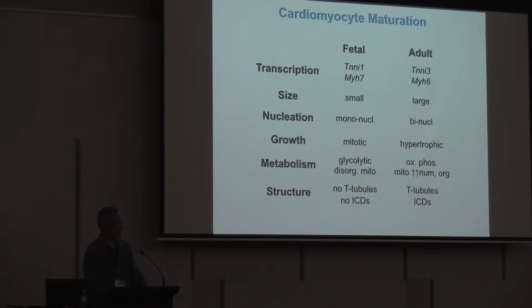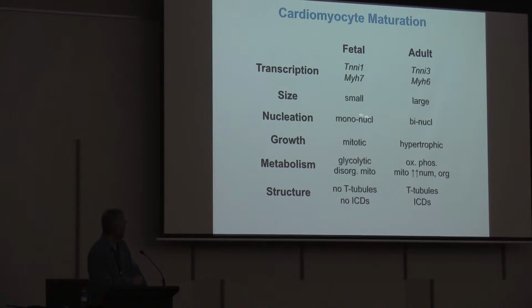First, let's go into a little detail about the differences between immature and mature myocytes. If you compare fetal to adult myocytes, they have different transcriptional programs, particularly in sarcomere isoform expression, and obvious differences in size. In mice, it's about a 30-fold difference in size between a neonatal and an adult myocyte.